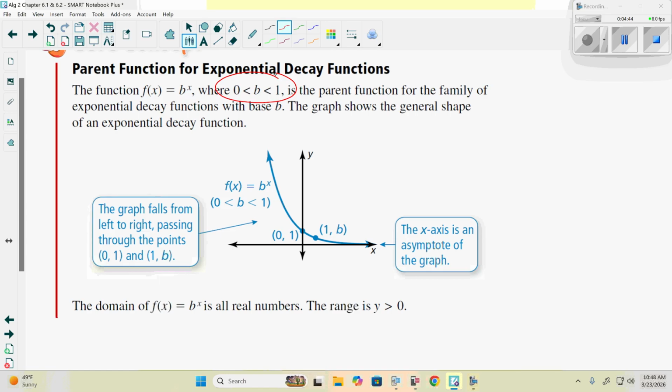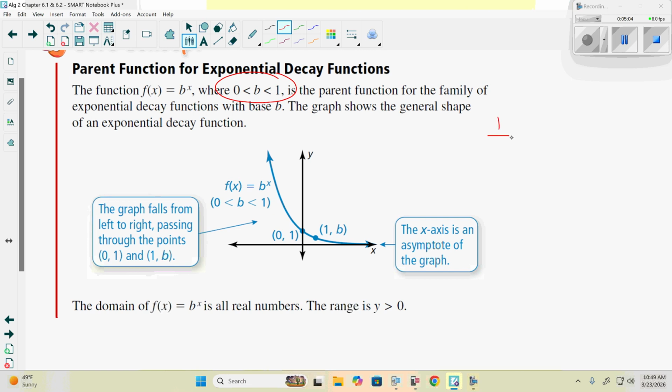I'm adding an extra t. So if that base b is between 0 and 1, it's exponential decay. Because we're multiplying that number by itself that many times.